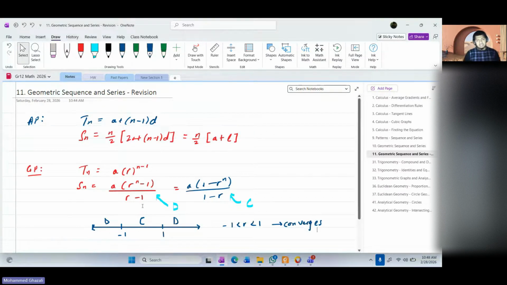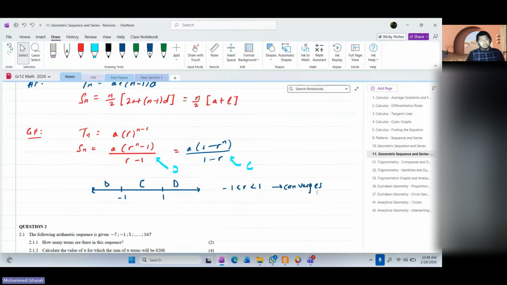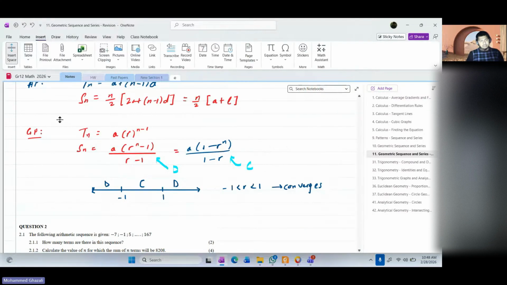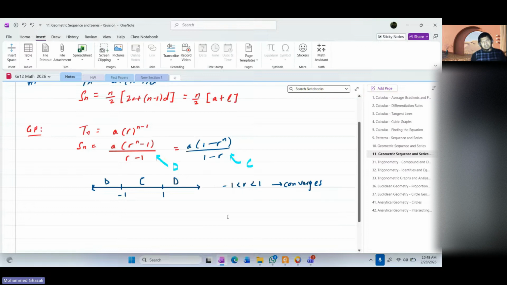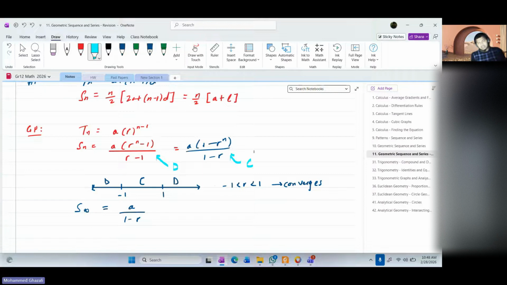So if the series or the sequence of numbers converges, then we can find the sum to infinity. Converges only works for sum to infinity. Sum to infinity is just a over 1 minus r. So if you're looking at your convergence formula, this part, r to the power n, is basically out, because r to the power n eventually becomes 0 when it converges.